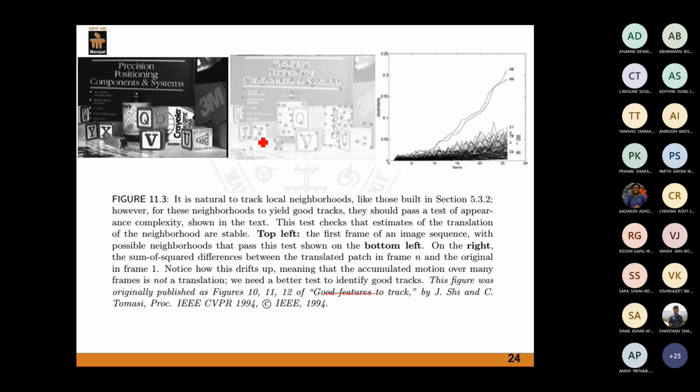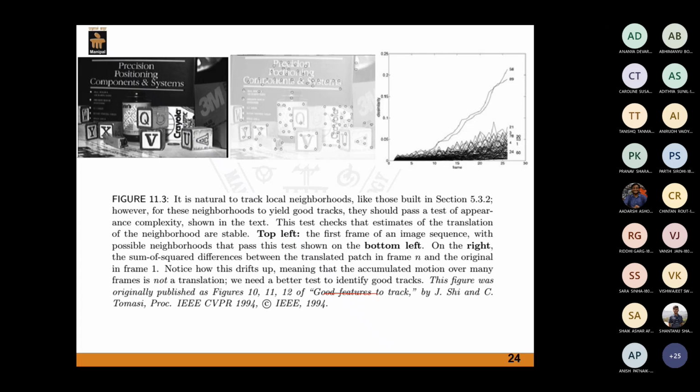So when you are taking the gradient information, that itself will give you a very good description of the object. In this figure 2, what we are seeing is an image with features that are good enough for tracking. Instead of looking at all the points, we are just looking at these points and saying that they are good for tracking. And these points, as I said earlier, are mainly located along the corners and the edges.